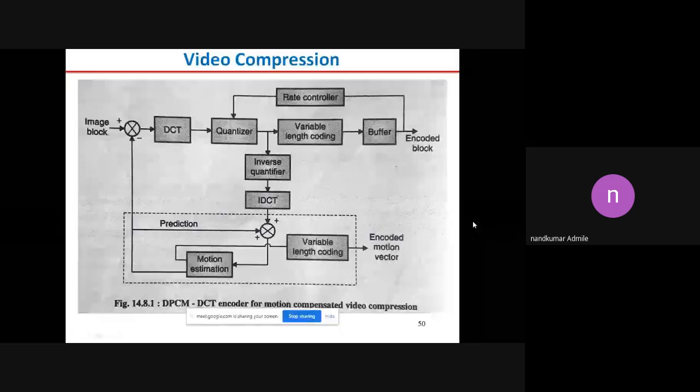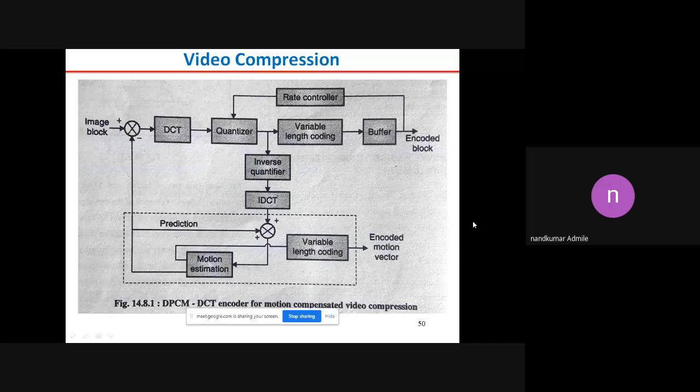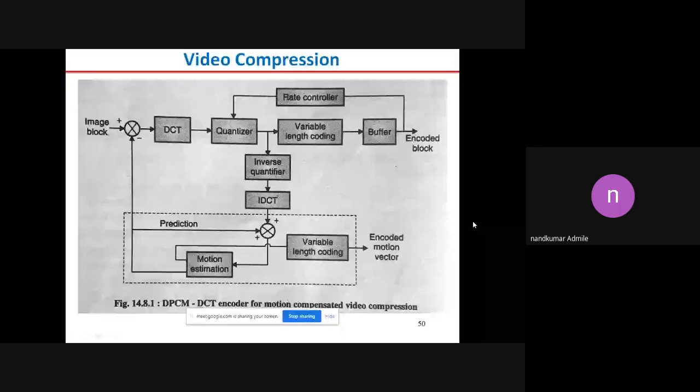So we can study the discrete cosine transform, the KL transform, and the wavelet transform. When there is an application of compression, it might be image compression or video compression. In all compression techniques, the most commonly used transform is the discrete cosine transform.